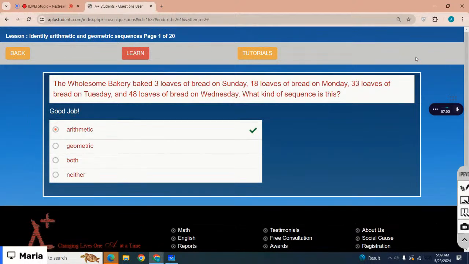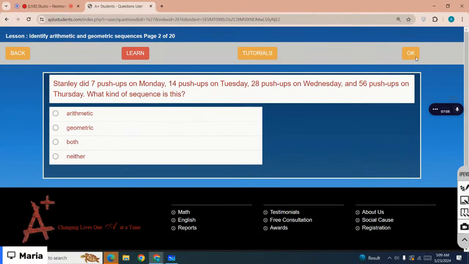Okay, the next one is: Stanley did 7 push-ups on Monday, 14 push-ups on Tuesday, 28 on Wednesday, and 56 push-ups on Thursday.